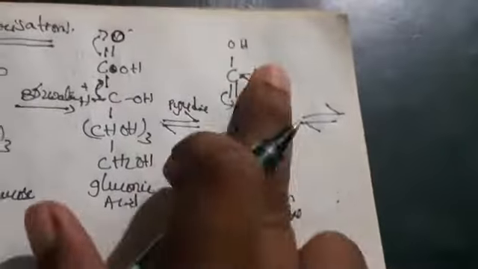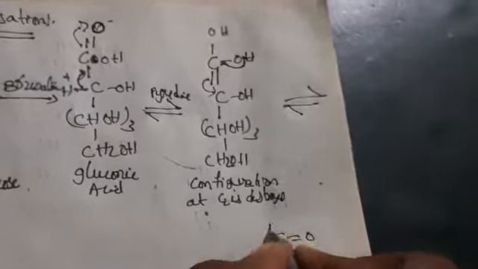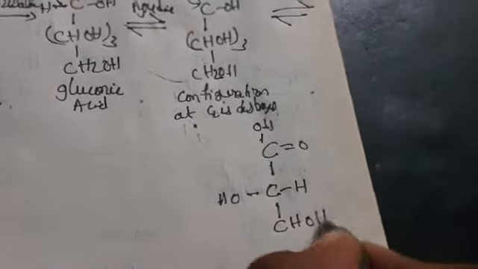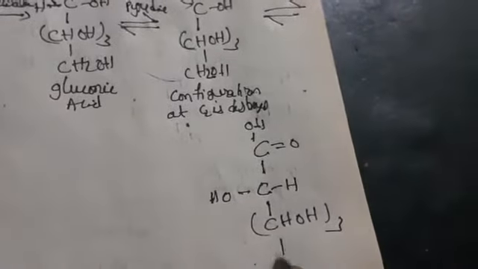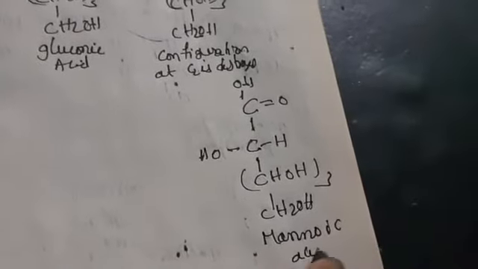So this H plus comes and adds here, single bond, and here double bond O, OH, CHOH twice, CH2OH. So this is the formula of mannonic acid.